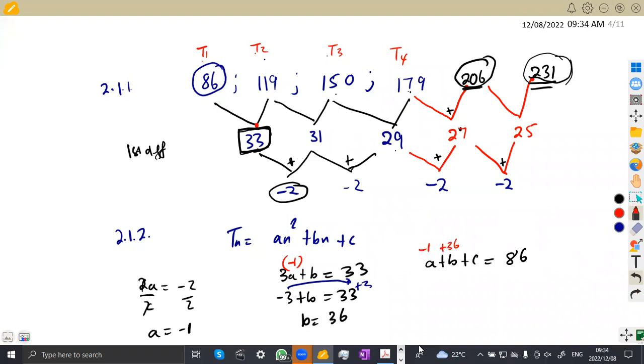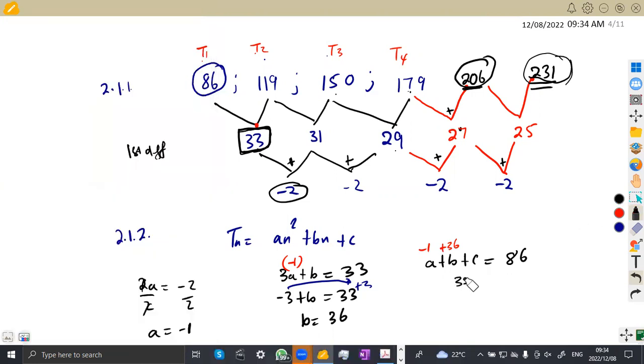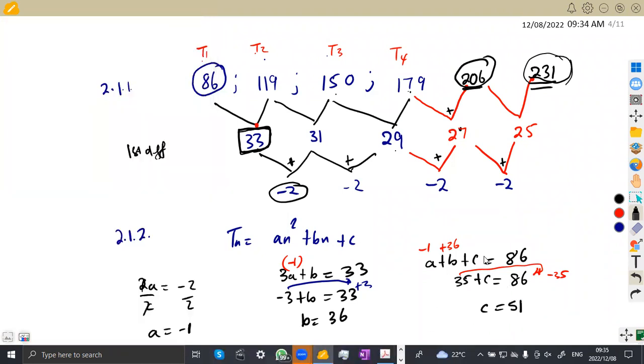So we can actually add -1 plus 36, that is 35. So this is going to be 35 plus c is equal to 86. So I have to transpose 35 to the other side of the equation, which will be -35. All right, so c is equal to 86 minus 35. So that's 51. All right, so that's the value of c.